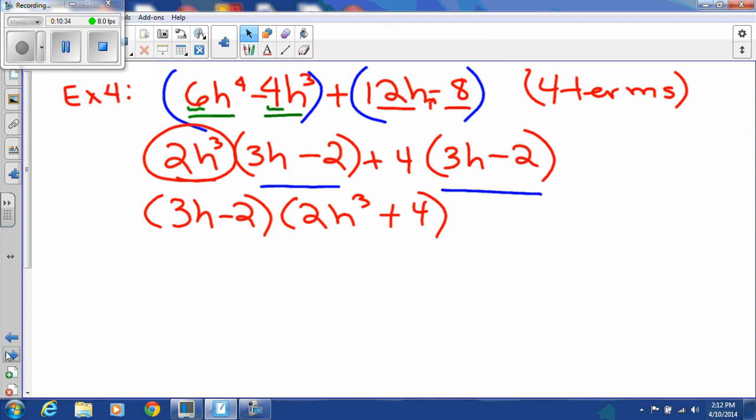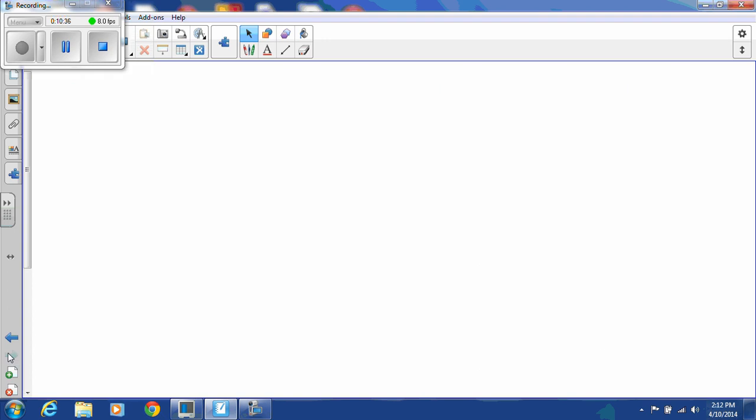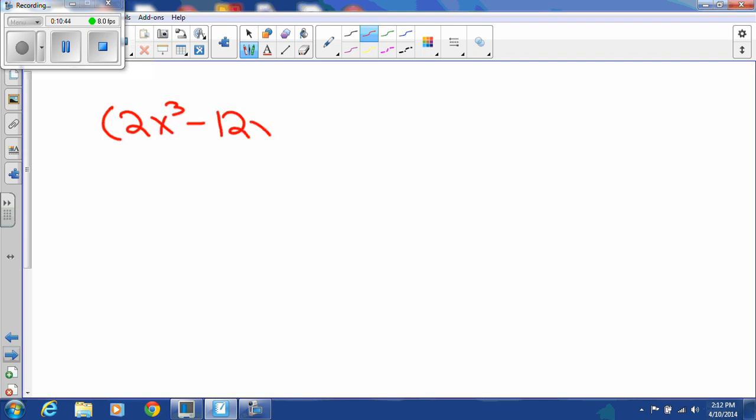Sometimes you have to factor out the opposite. To do so, you're going to use factoring by grouping. I'm going to call this example C. So I had 4 terms, and I'm putting parentheses around the first 2 and around the last 2.